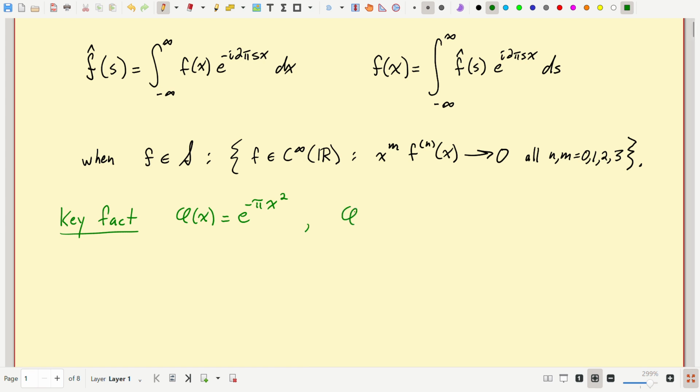The Fourier transform of that phi is e to the minus pi s squared. Same function, different name for the variable. So it would be reasonable to say that the Fourier transform of phi is itself.